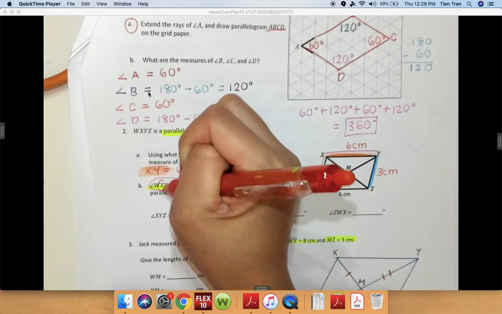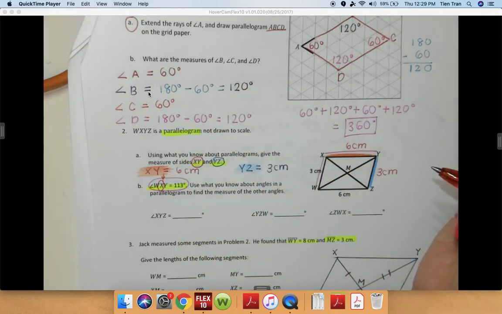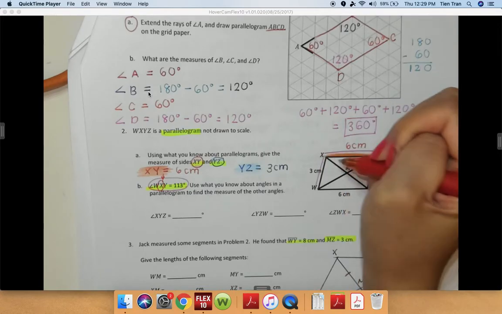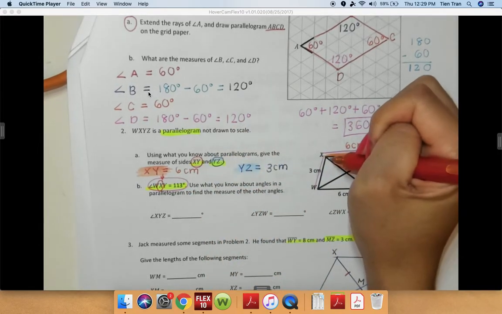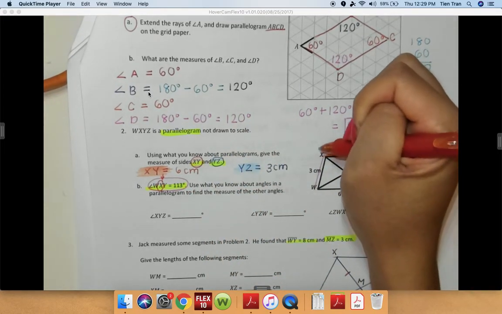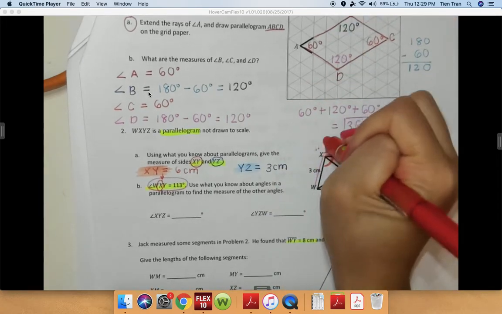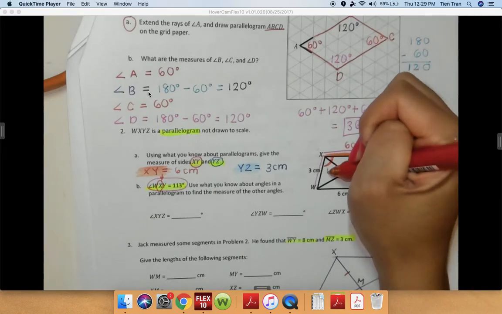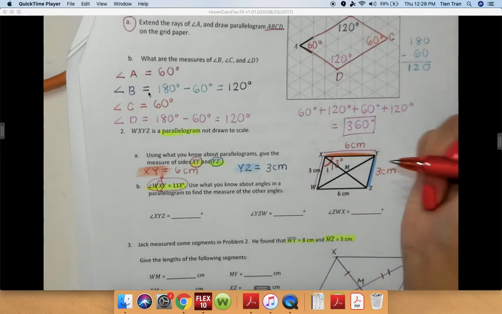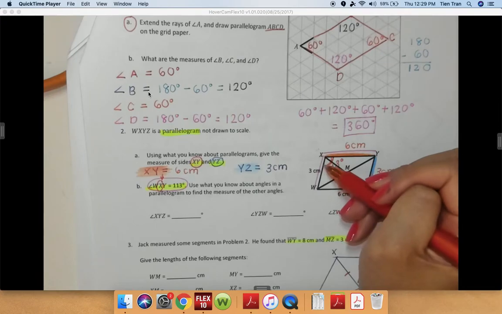This middle letter is going to tell you which angle you're going to measure. So angle X is going to be 113 degrees. I'm going to write 113 degrees right in there. So that's angle X.